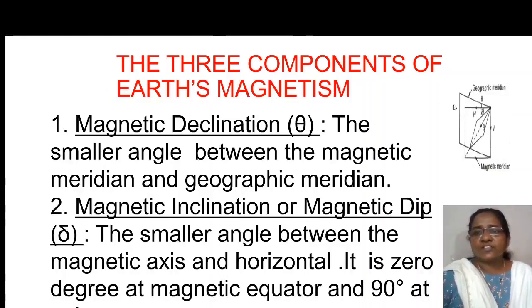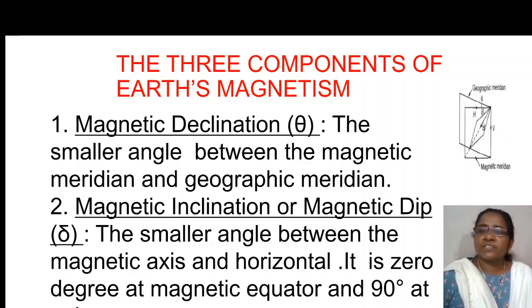Now you can see here that the Earth's magnetic field is directed along this direction. So its vertical component is denoted by V and its horizontal component is denoted by H. Therefore, V is equal to B sine delta and H is equal to B cos delta, and their ratio is tan delta.